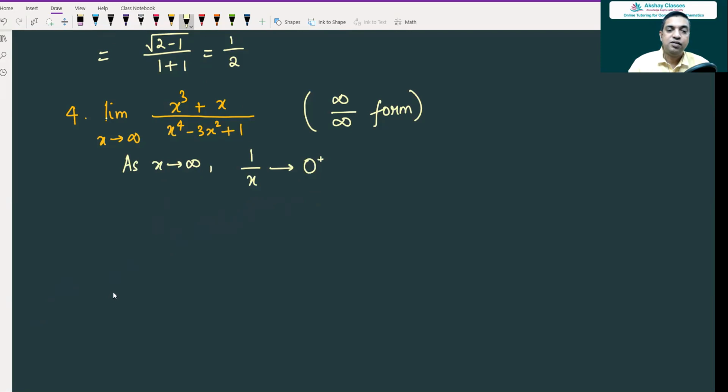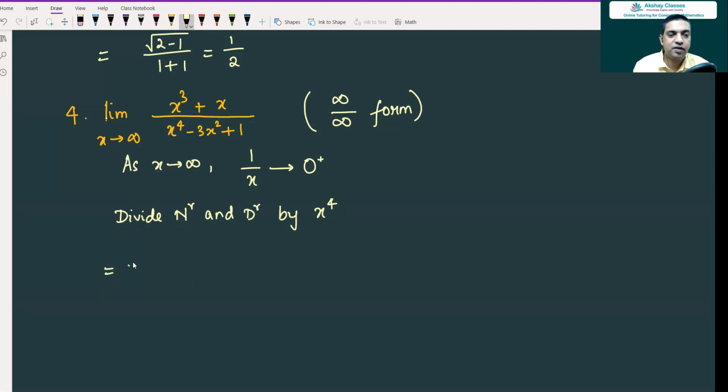Okay, so now we can use this. Whenever we have an algebraic expression like this, a rational function, we should divide both numerator and denominator by the highest power. Divide both numerator and denominator by x power 4.